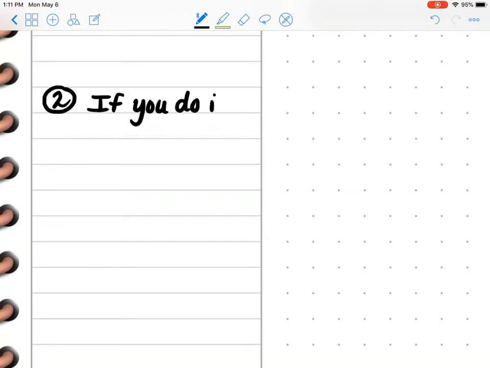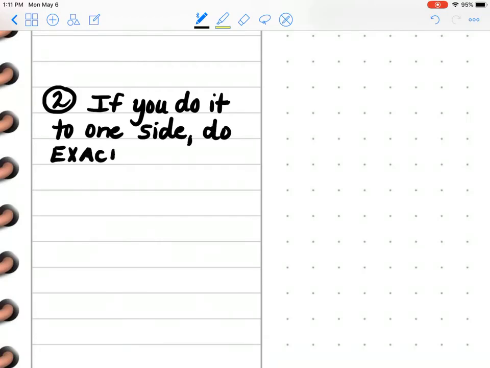If you do it to one side, do exactly the same thing to the other side.